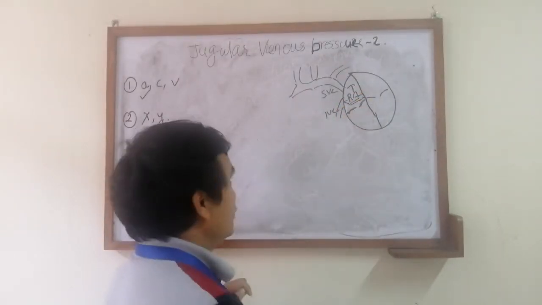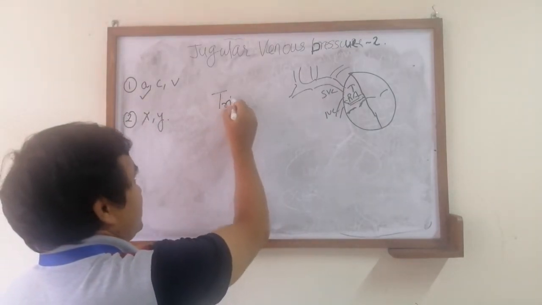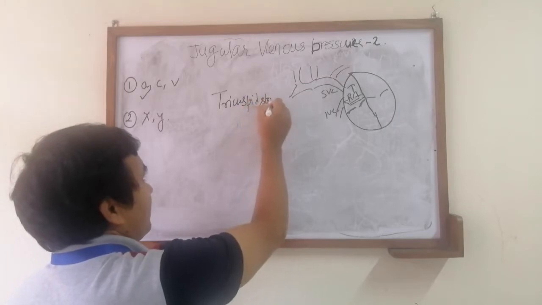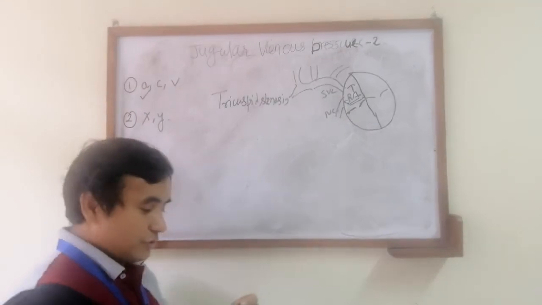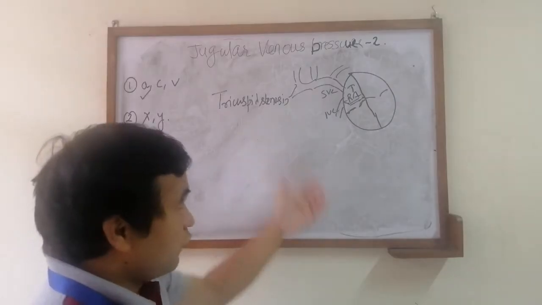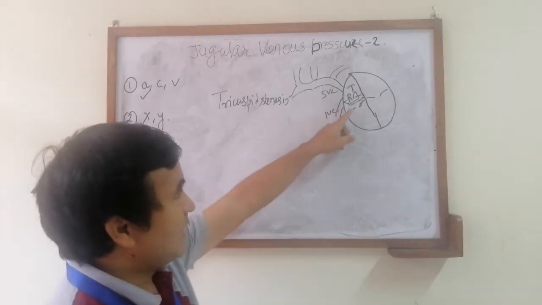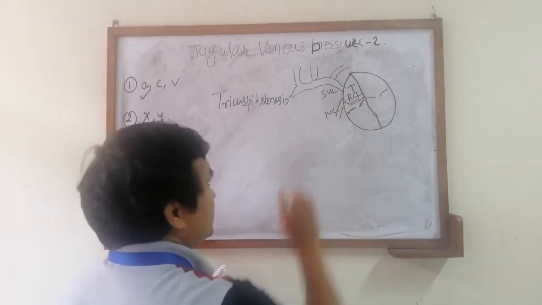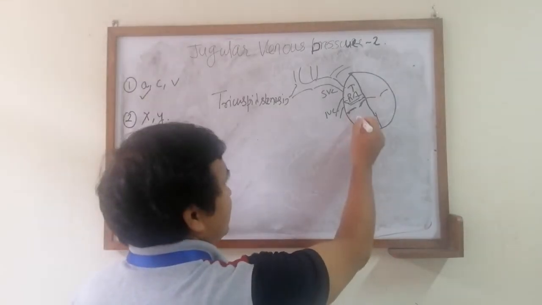So one condition is tricuspid stenosis, where the right atrium has to give more force against the tricuspid valve.